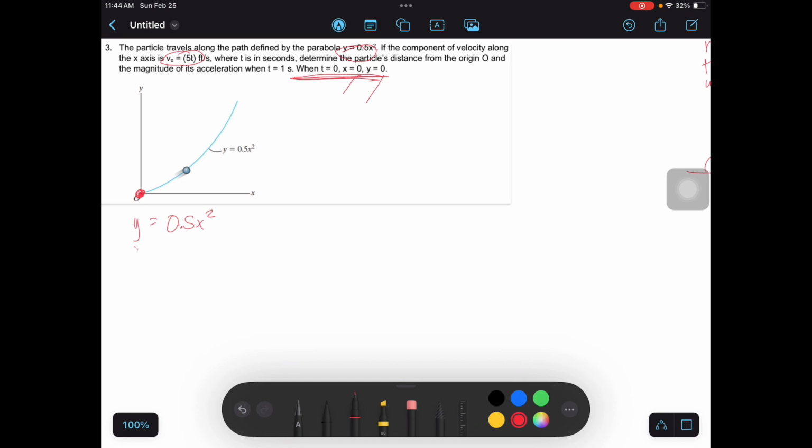So, it is still a position. That means, if you derive that, you get the velocity, but along the y-axis. If you derive it again, you get the acceleration, along the y-axis. So, we are asked for the acceleration. So, if this is your displacement in y, this is the given. Go to the velocity with one derivative, and the second derivative is your acceleration. So, let's do that. We will get y.